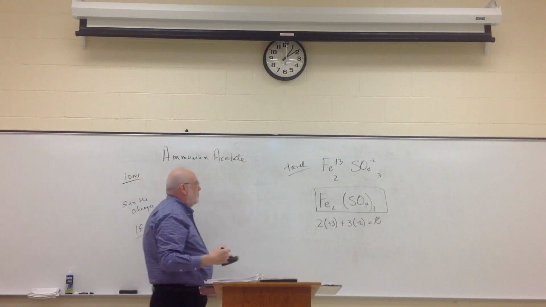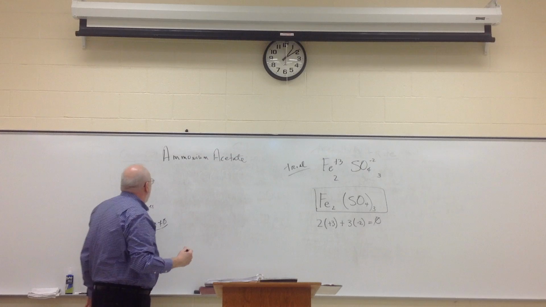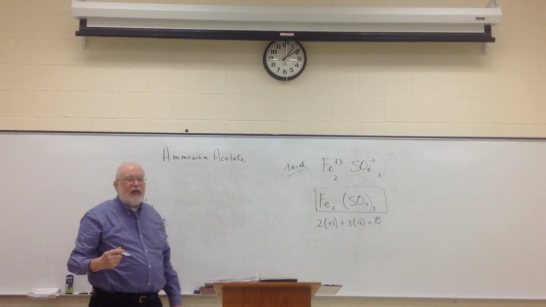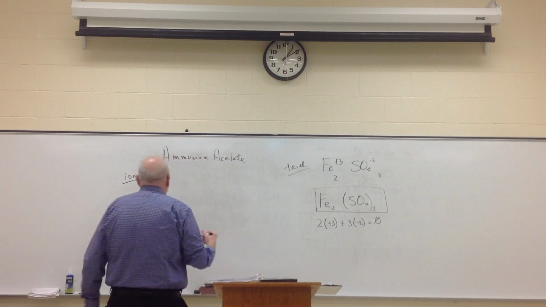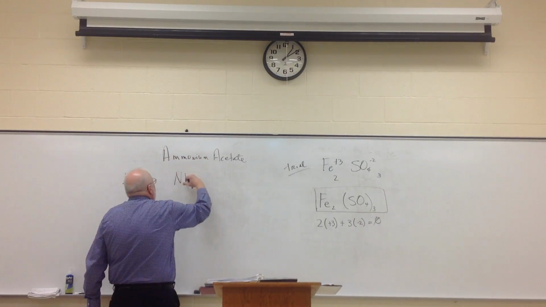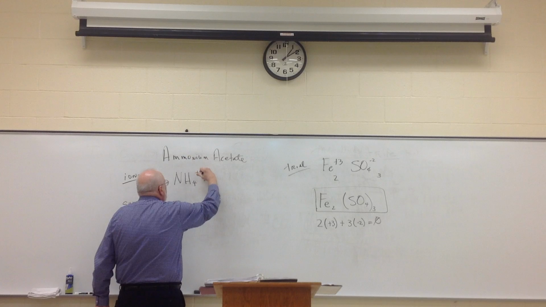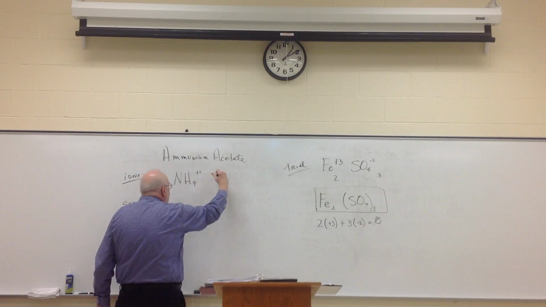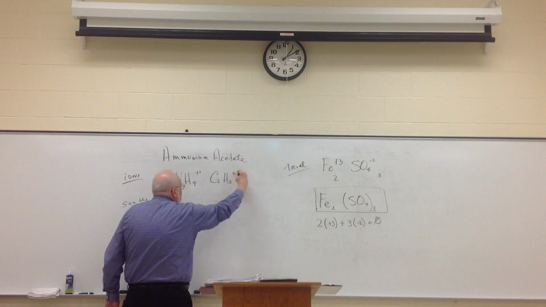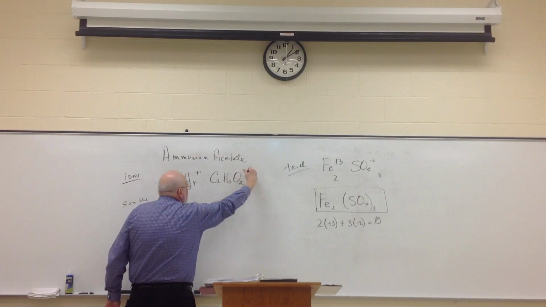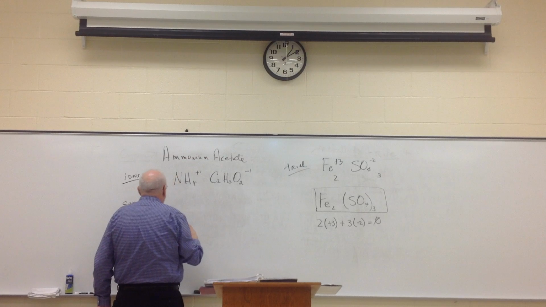Now that'll be an impressive one. All right, what is the formula for the ammonium ion? NH4 charged to +1, acetate, right, C2H3O2 charge of -1.